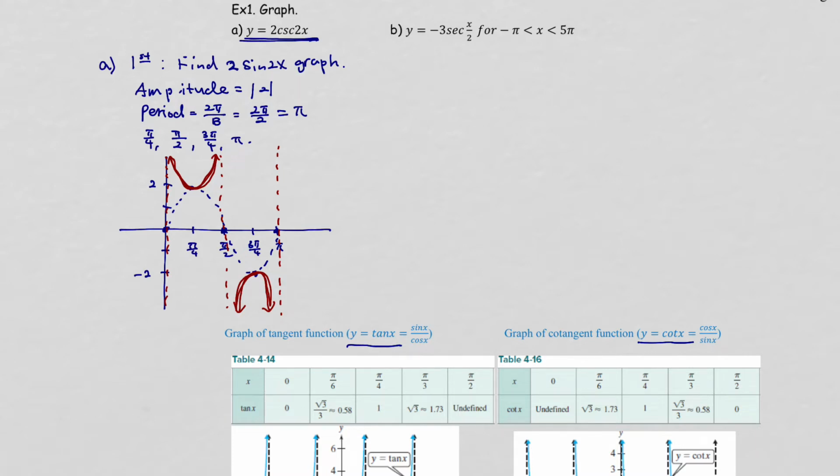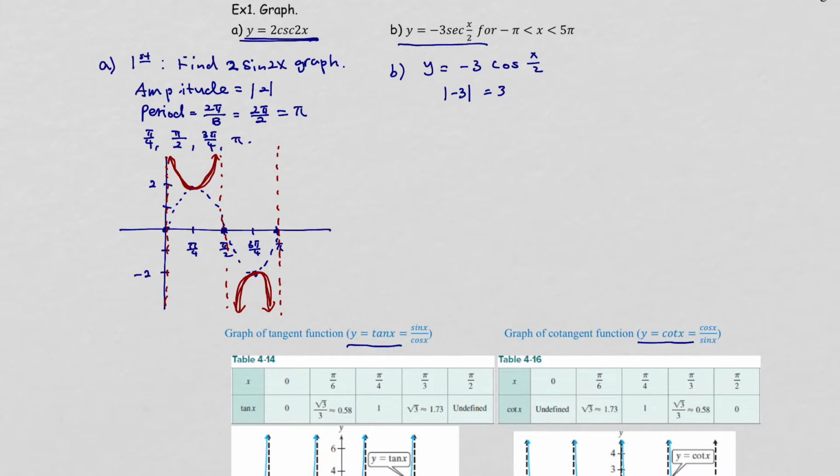Let's try another one. This time you will see secant. The inverse of secant is cosine, so you're going to graph y equals negative 3 cosine x over 2 first. Your amplitude is going to be the absolute value of negative 3, which is 3.